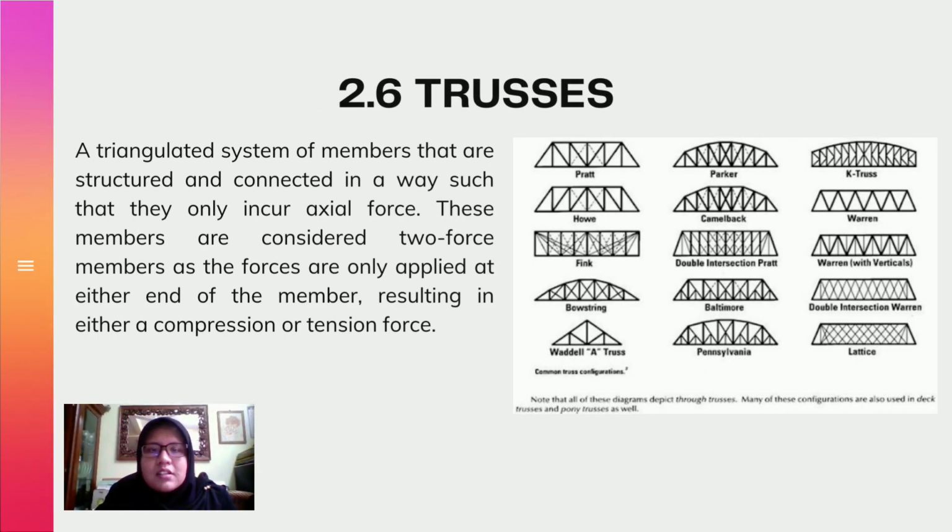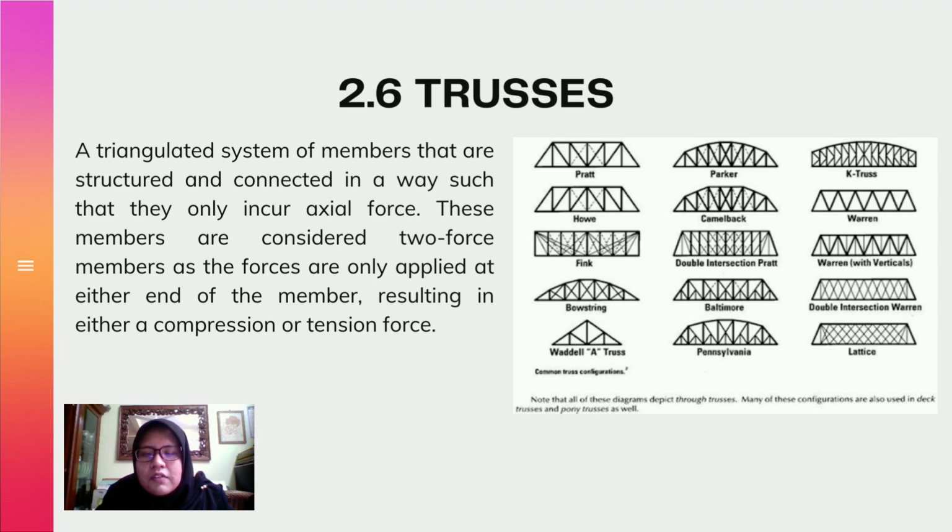Last but not least is truss. A truss is a regulated system of members that are structured and connected in such a way that they only incur axial force. These members are considered two-force members as a force is only applied at either end of the member, resulting in either a compression or tension force.